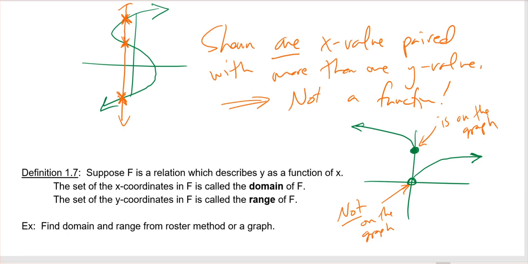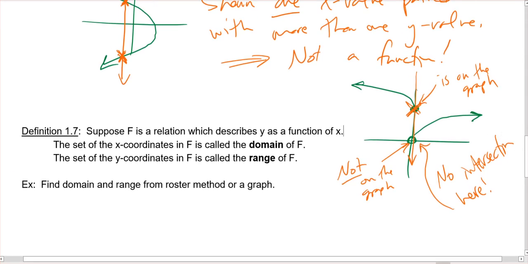We mean that this branch of the graph here is going to go all the way up until that point and get as close as you want to it, but it's not going to be exactly on that point, which means that if I draw a vertical line right here, it intersects right there, but there's no intersection here. So that means that this one is a function, right?